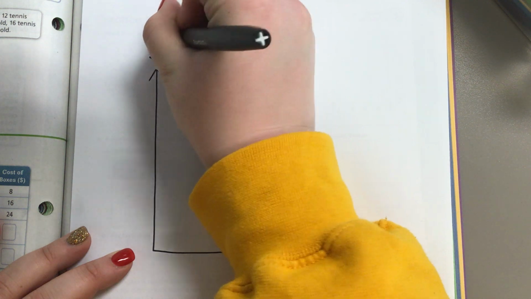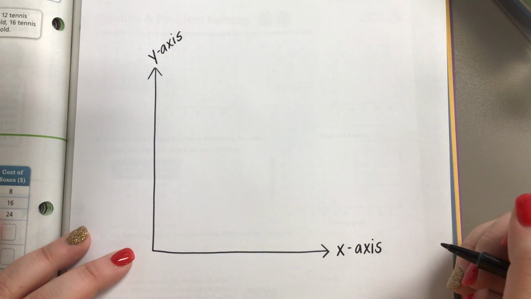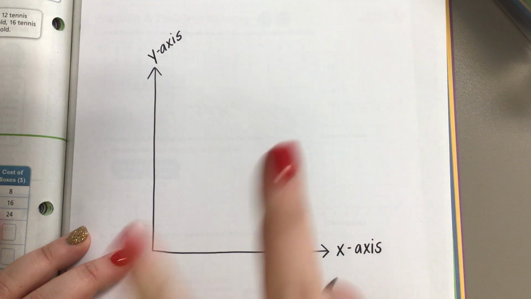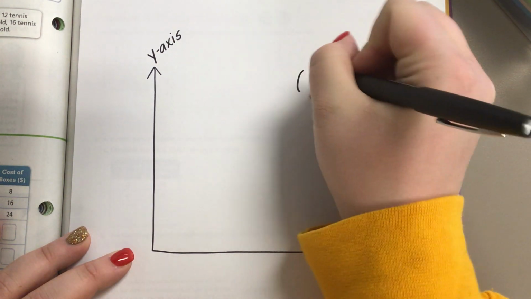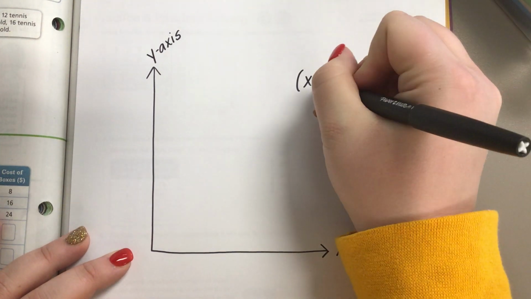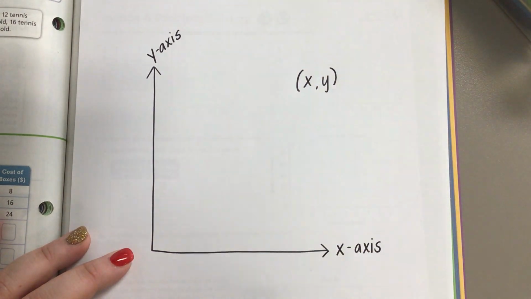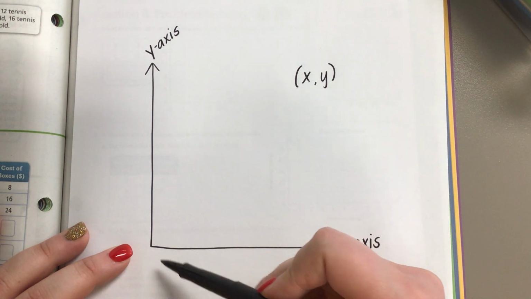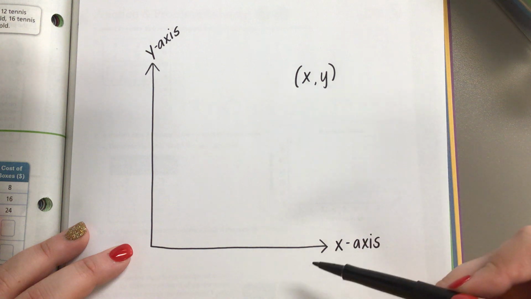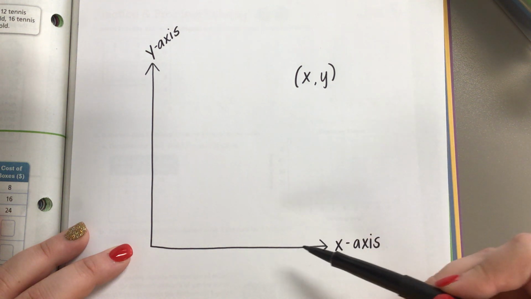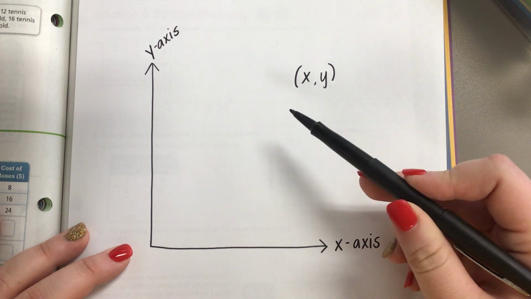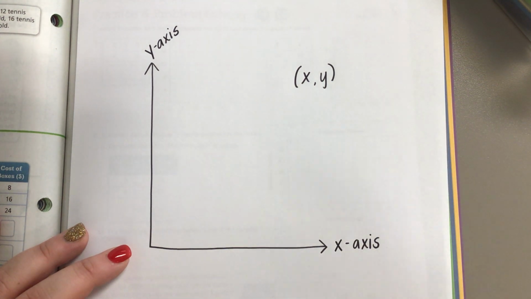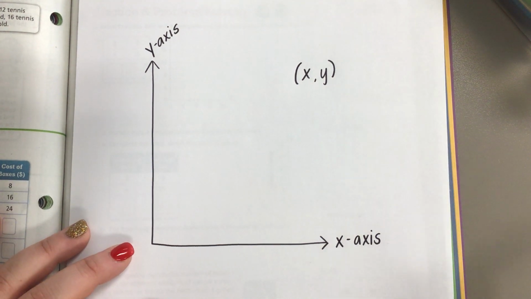The y-axis goes up and down. When you have a coordinate pair, x comes before y. The first number is the x value, so you move along the x-axis to find it, and then you move up and down for the y value. It will make more sense when I move into the problem.